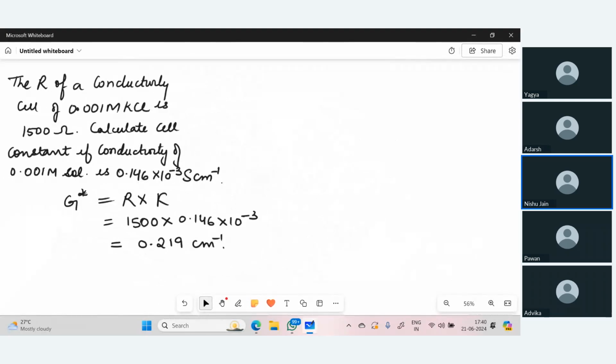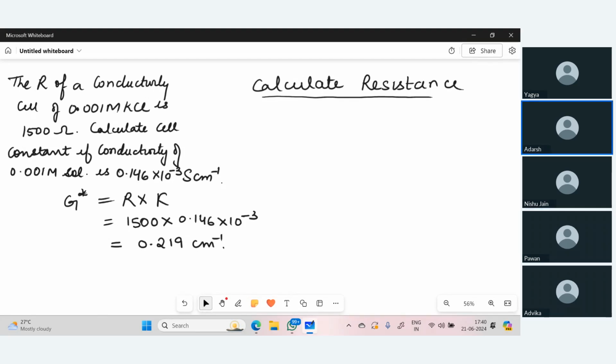So this is all about the important terms and a few formulas. And one more thing here, how to calculate resistance practically. I think this you have also done in physics, the Wheatstone bridge. Calculate resistance experimentally. Have you heard about the Wheatstone bridge to calculate the resistance of the solution?